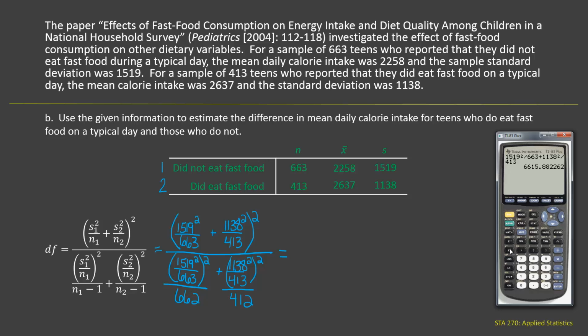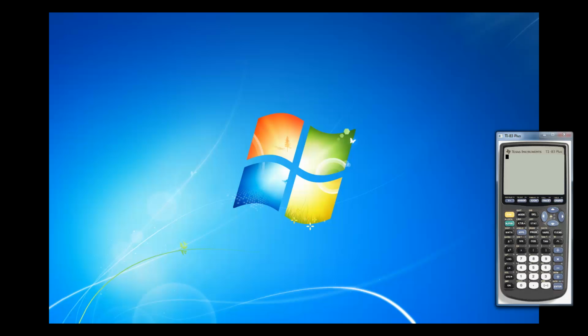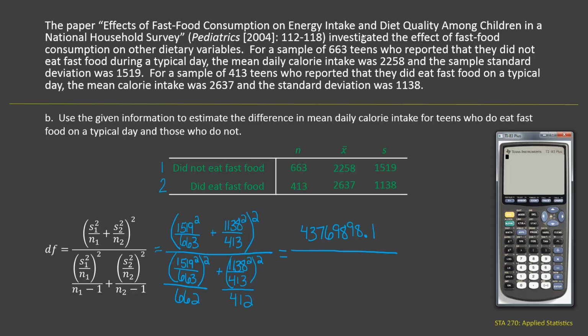Okay, we have that large number. We need to square that, and that is going to be our numerator here. So let me transfer that number over here. I think we have 43769898.1 over. All right, so let's get our calculator pulled up here again.